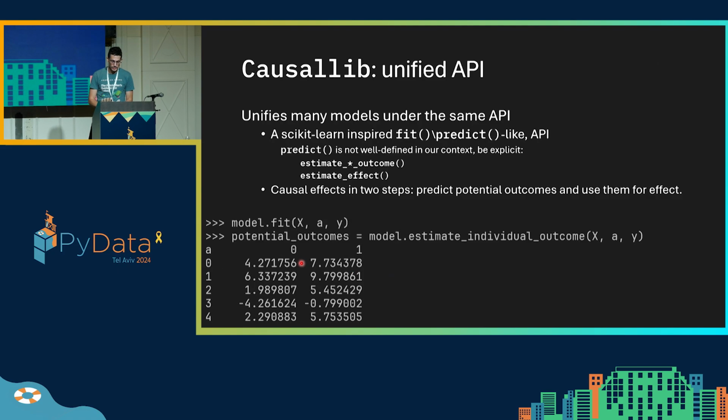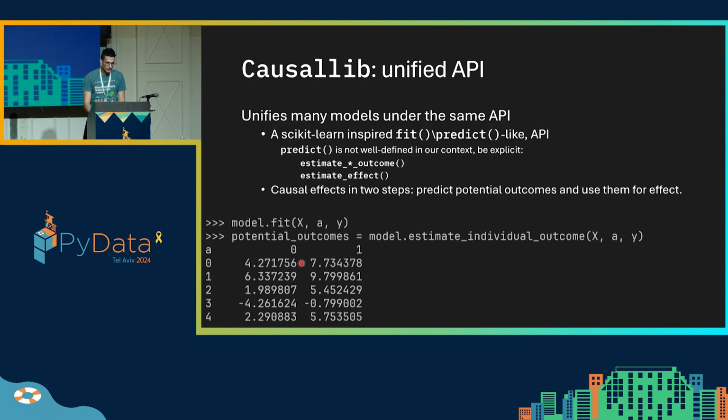In outcome models, where we predict the outcome directly, we can also make individual-level predictions. And so potential outcomes will look something more similar to that. We will have a value for each observation that we have in our data. We will have the individual-level prediction, had they not been treated or had they been treated.